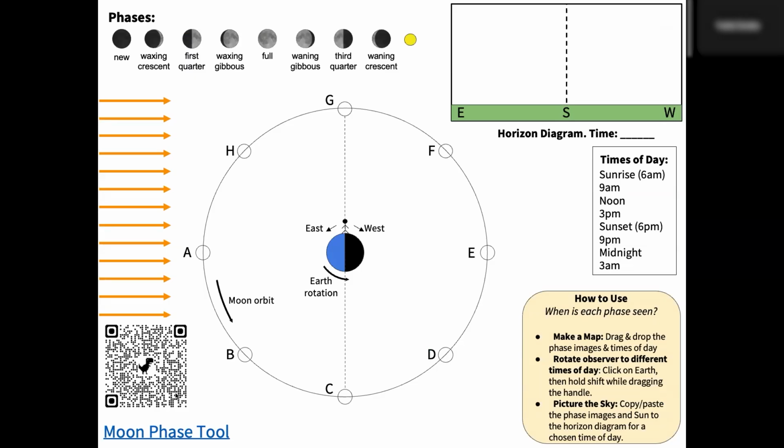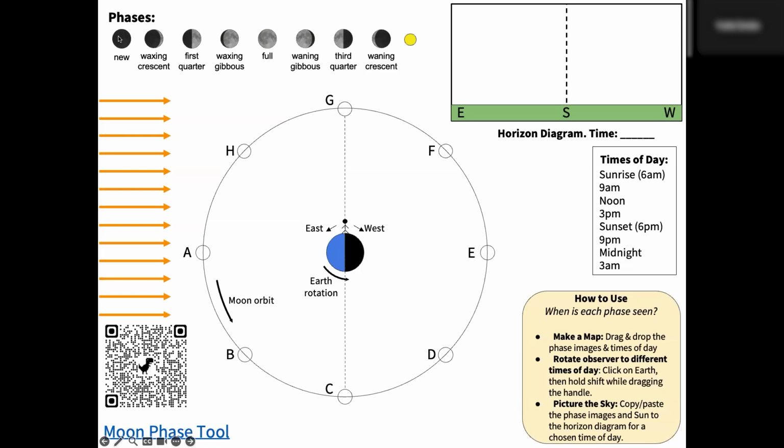So the first thing here is this is going to be a good tool if you're not entirely certain of how this works and you want to play around with more examples like this. So this is going to be on Canvas, and this is a moon phase tool. It's basically this general printout just on a Google Sheet. And what you're going to be able to do is you can make a map.